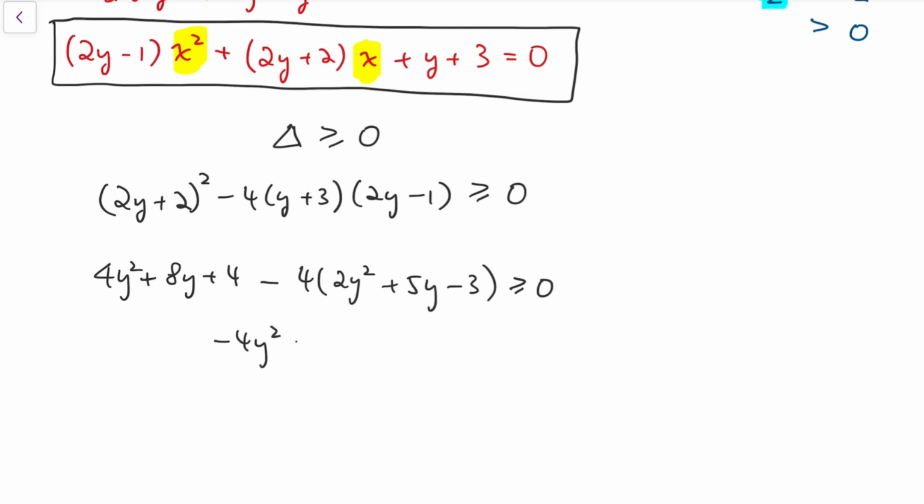So expanding and simplifying, we have minus 4y squared minus 12y plus 16, which we can divide both sides by minus 4. Of course, the sign greater than or equal to has to be swapped into less than or equal to, because we're dividing both sides by a negative number.